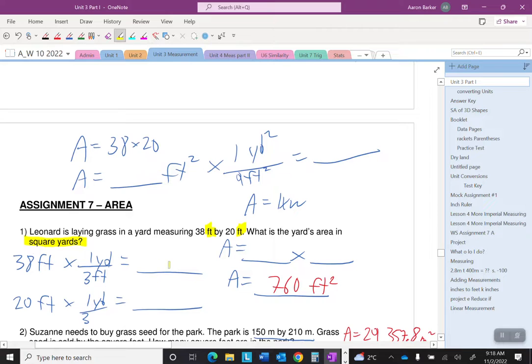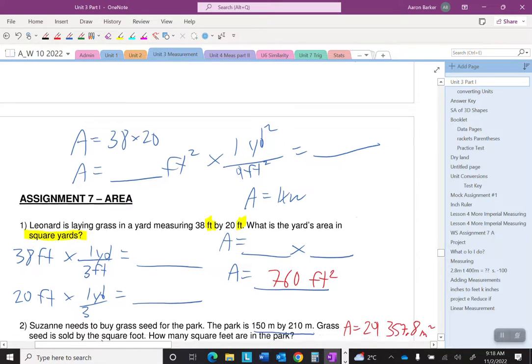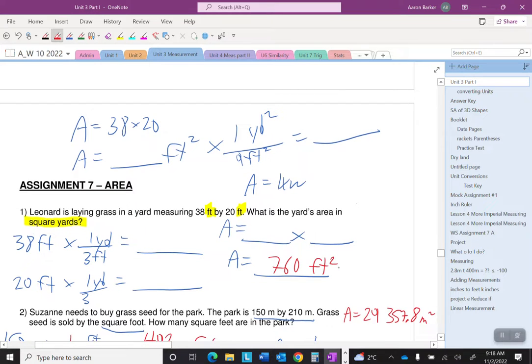So here, I chose to convert 1 and 2 measurements and then find the area in feet squared. But you're welcome, if you want, you could also take feet squared and convert that into square yards. Okay, so you could do that as well.